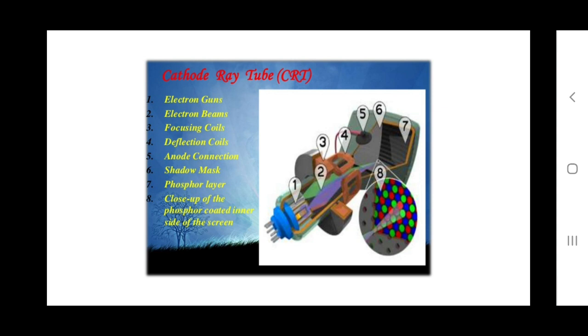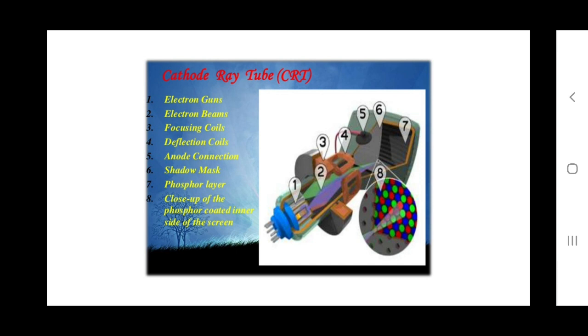Here in the picture the parts are easily given, where the first part is the electron gun, the second part is the electron beam, the third one is the focusing coil, the fourth one is deflection coils, the fifth one is anode connection, the sixth one is shadow mask, the seventh one is phosphor layer, and the eighth one is close up of the phosphor coated inner side of the screen.